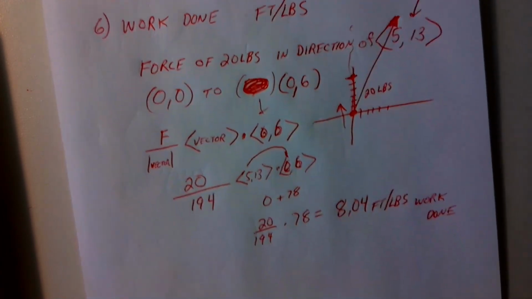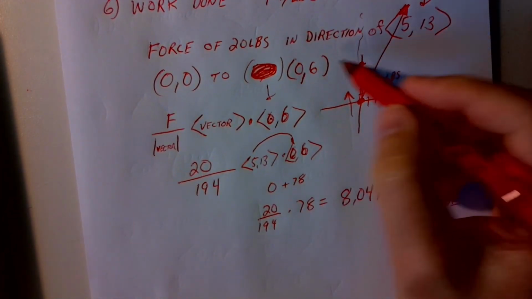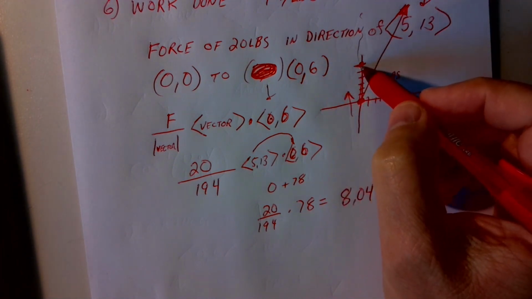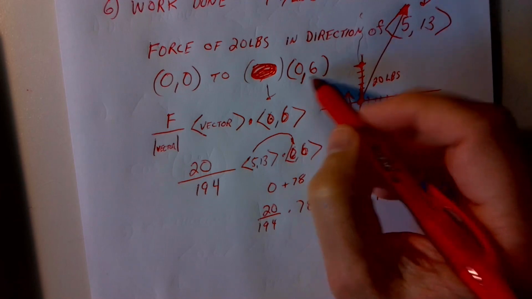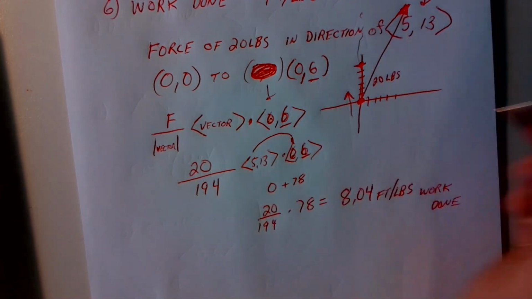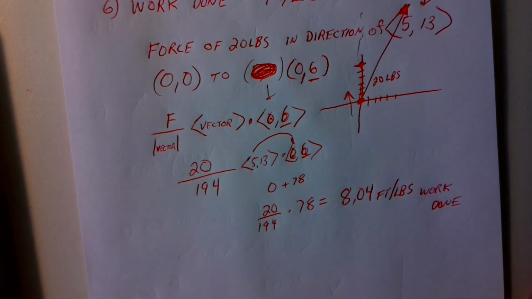Again, a little oops on that. I wrote what I wanted to write first, I just drew the picture wrong, so I changed it. This was trying to move it straight up, so the 6 had to be the vertical portion of it. So that all became 6's right there. Okay, so that's work done.